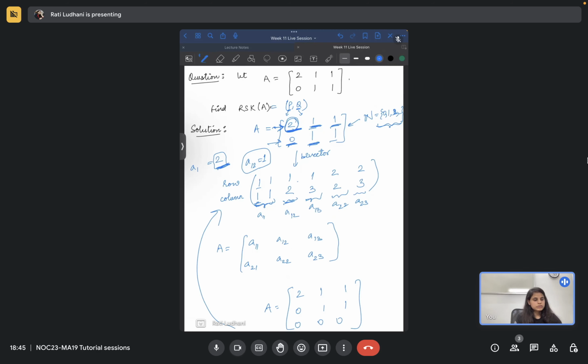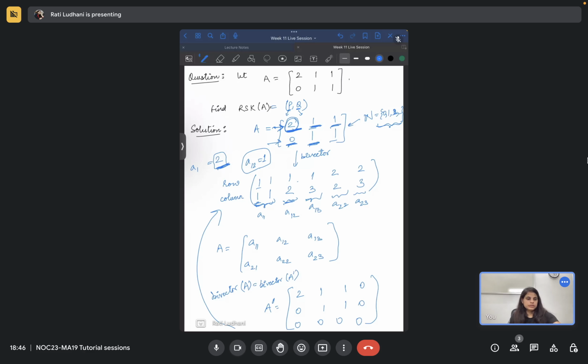So the bivector of A dash is the same as the bivector of A. Similarly, if you add 0 0 0 here, there will be no difference in terms of the bivector.